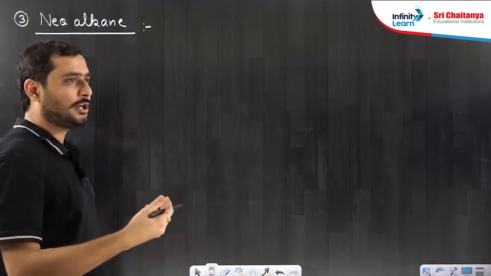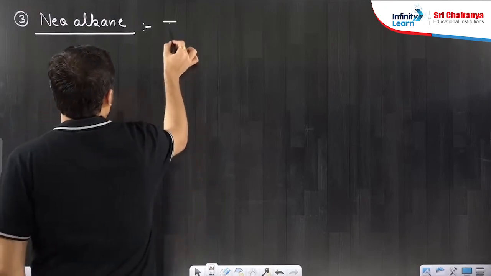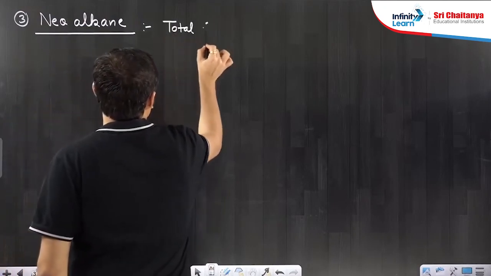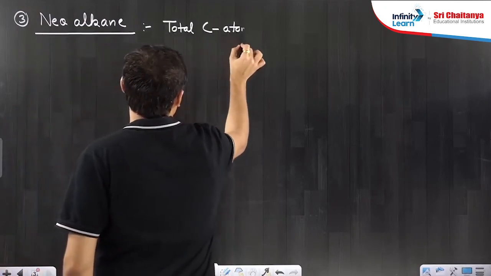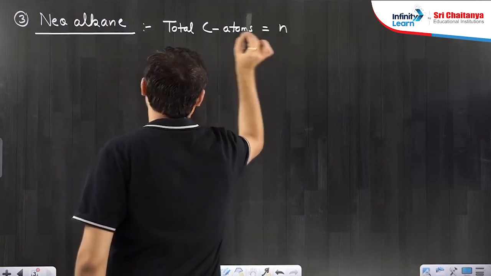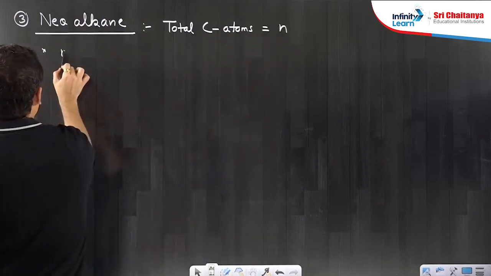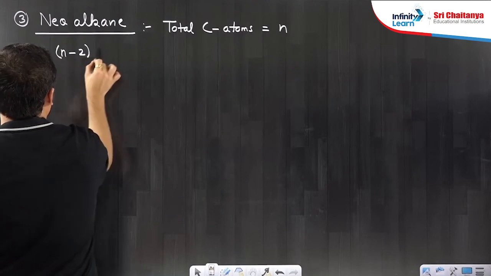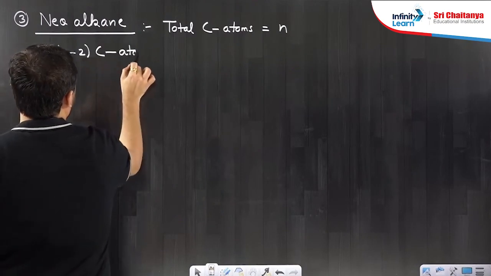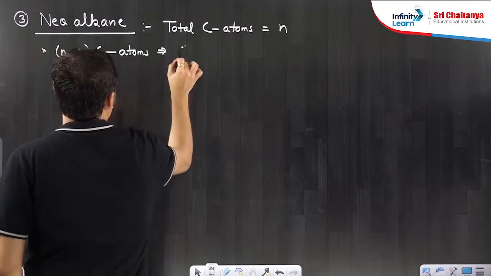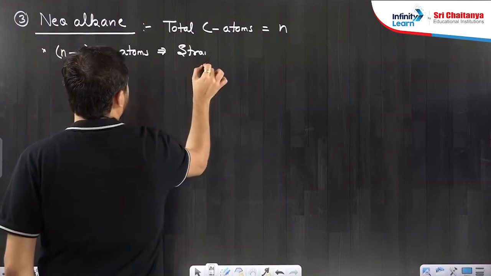Now what is the rule for neoalkane? How do we draw the structure for neo compounds? If total carbon atoms are n, then how many carbon atoms will be in the parent chain? N minus 2 carbon atoms are present in the straight chain, that is the parent chain.